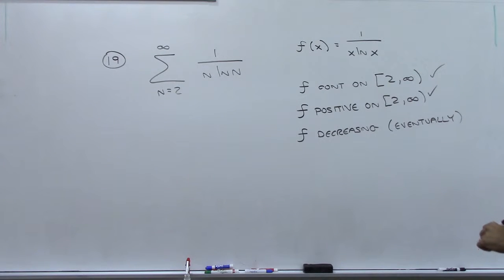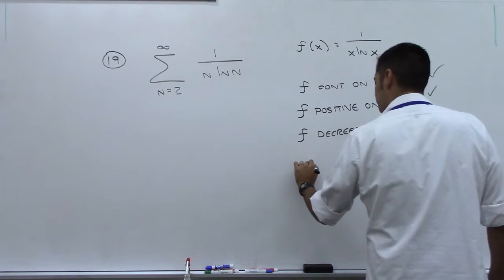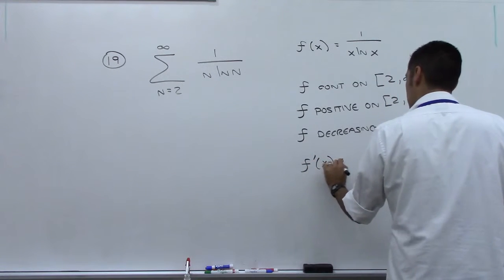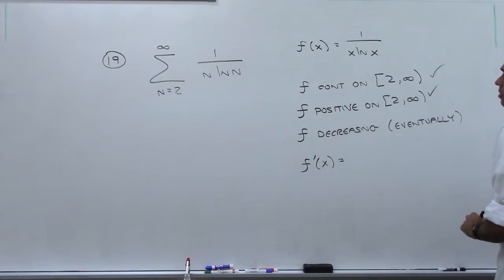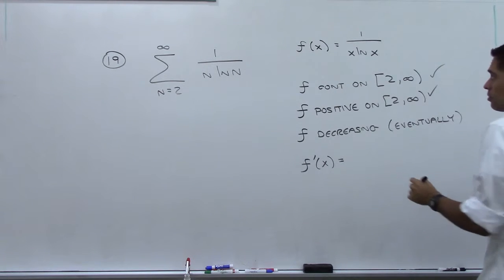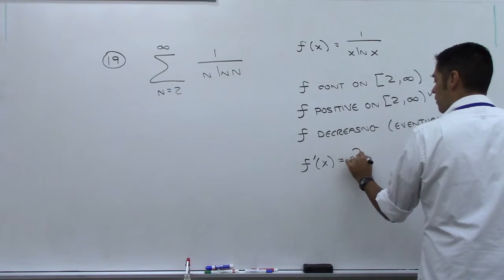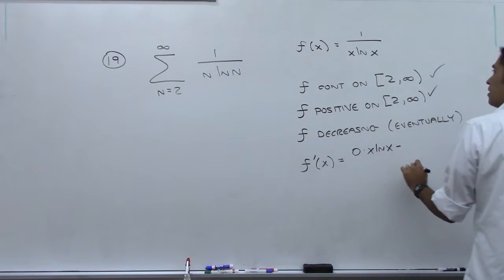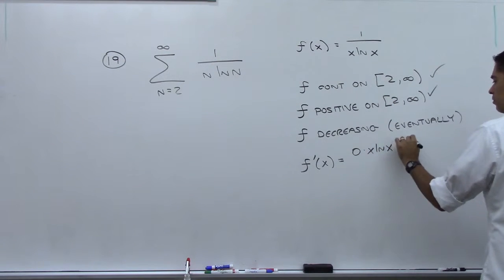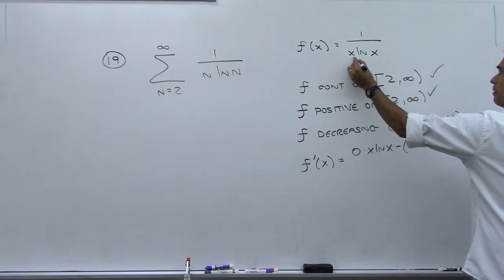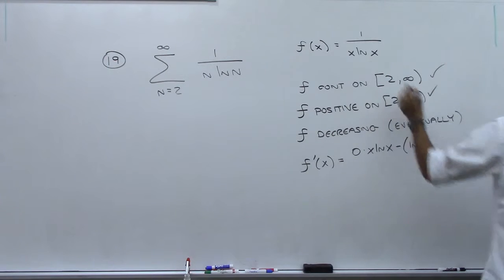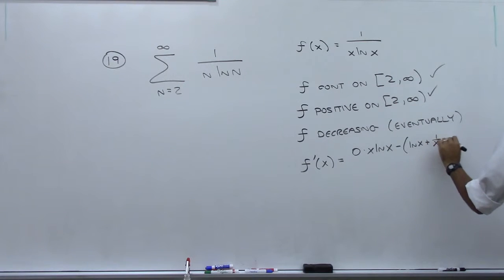So let me take the derivative there. f prime of x equals, now there are several ways you could do this. I guess I'll just use quotient rule. The derivative of the top is 0 times the bottom, minus the derivative of the bottom, that's a product rule. Derivative of x is 1 times natural log x, plus derivative of natural log of x is 1 over x times x. So that's my product rule.